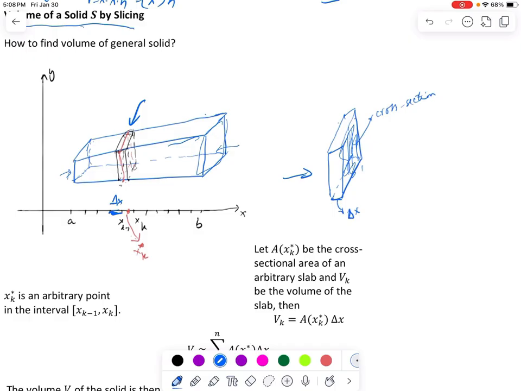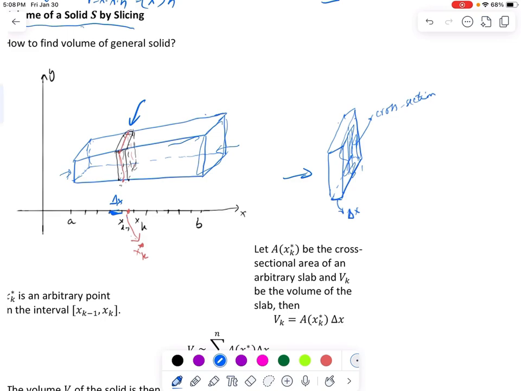To get the cross section, we have to cut it parallel to the y-axis, or perpendicular to the x-axis. Basically, we do it the way we did for area.